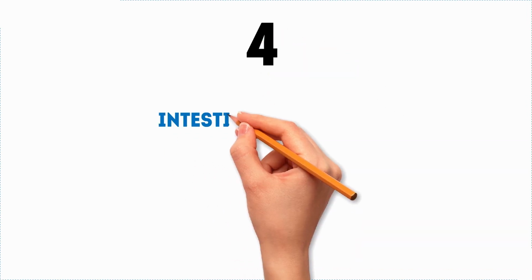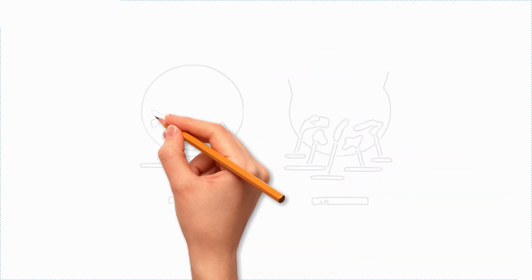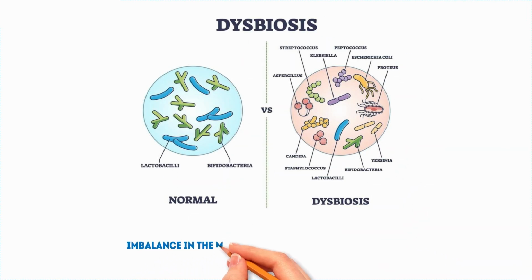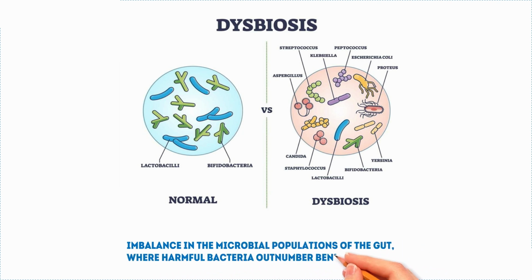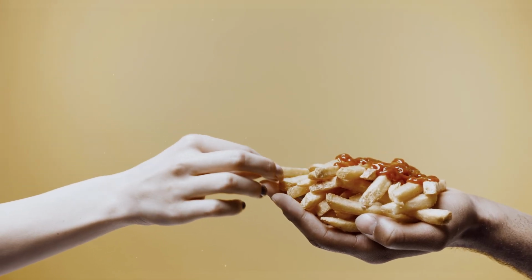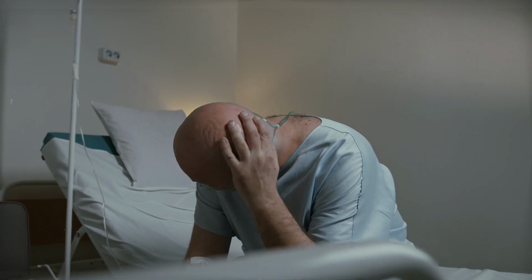Number 4, intestinal dysbiosis. Dysbiosis refers to an imbalance in the microbial populations of the gut, where the harmful bacteria outnumber the good bacteria. This imbalance can result from various factors such as poor dietary habits, chronic GI issues, or excessive antibiotic use.